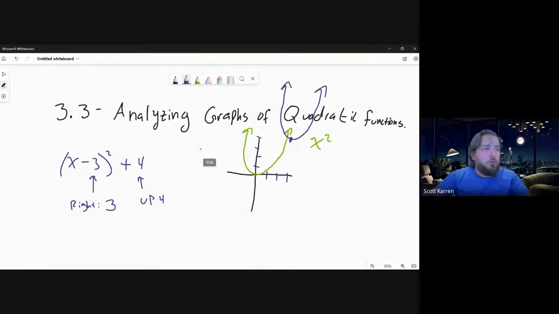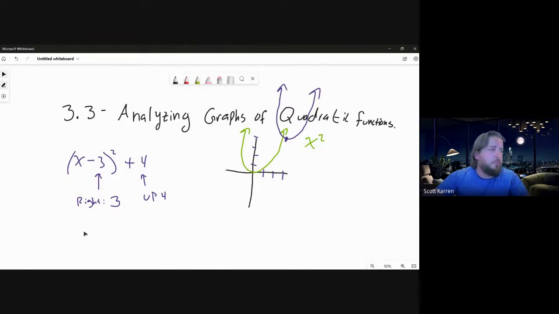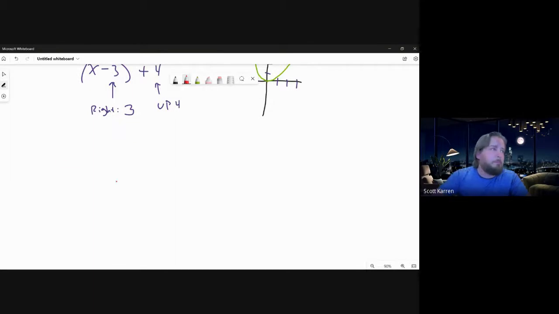So we're going to formally write it as this. We'll write it as f of x equals, sometimes you'll have an a on the outside, so we'll have a times x minus h squared plus k. Right?